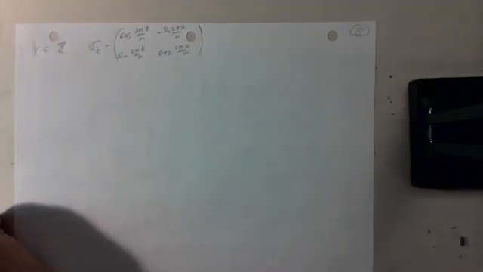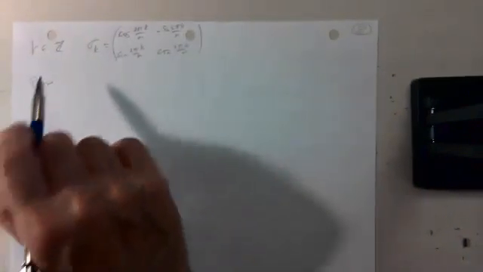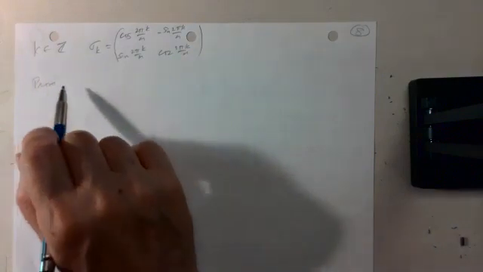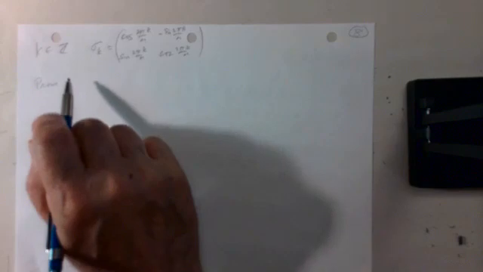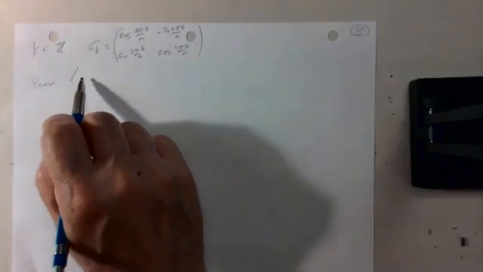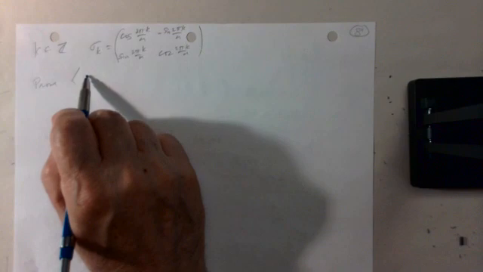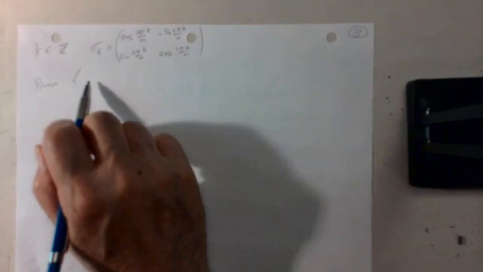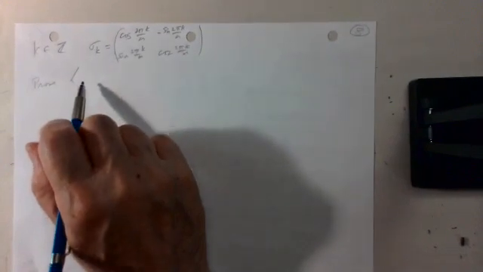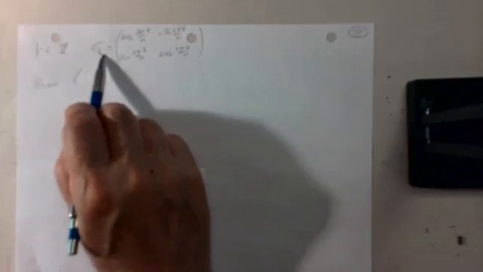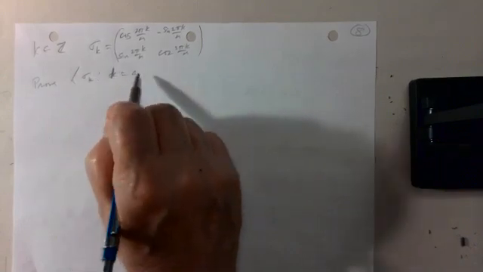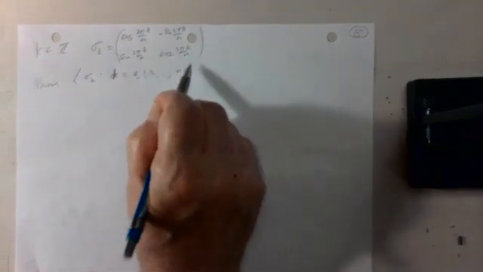We want to prove that the set I, sigma, sigma squared, all the way to sigma n minus 1, is a finite abelian group of order n. Right, so if I called this sigma k, I probably meant the set of all sigma k's, k going from 0 up to n minus 1.